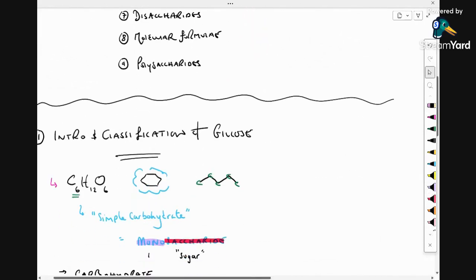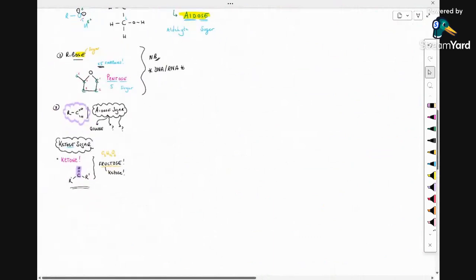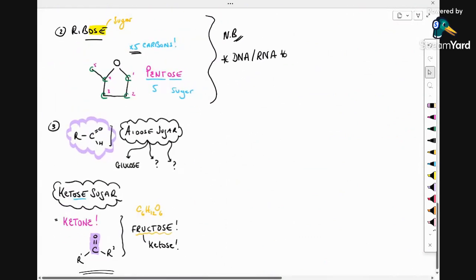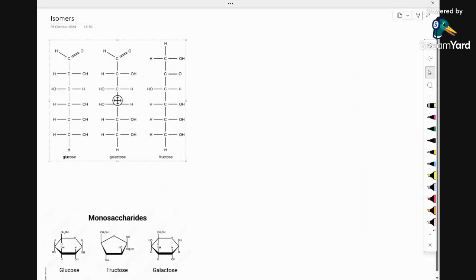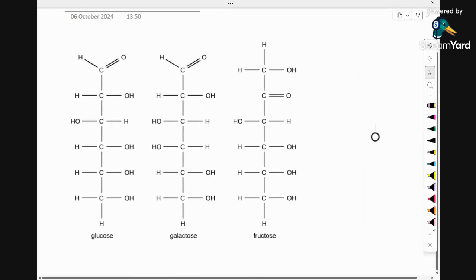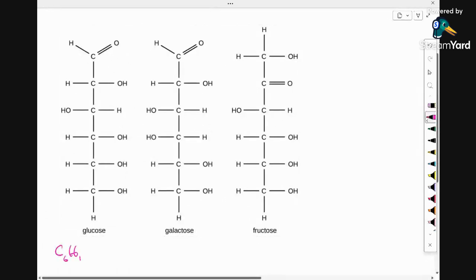So now we're going to look at the isomers of glucose for point number 4. I'm actually going to switch pages here because I have pictures. Here we go. So these are the isomers of glucose on the left-hand side here, and the formula is C6H12O6.